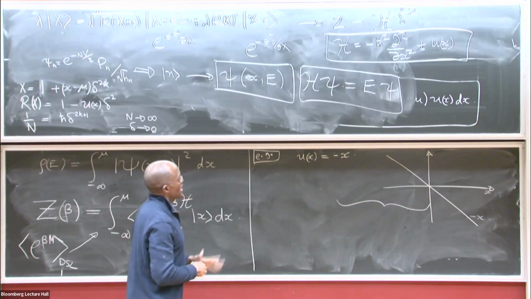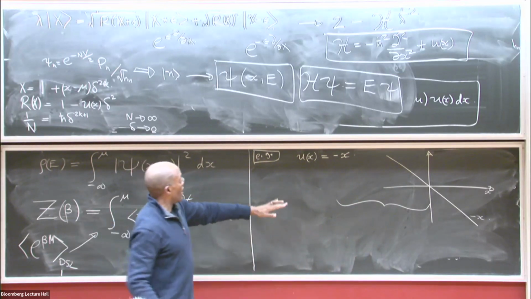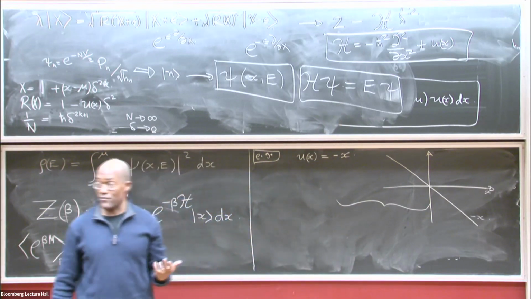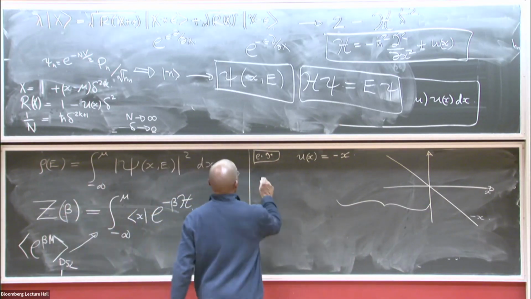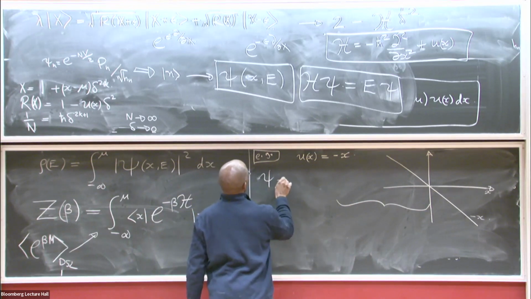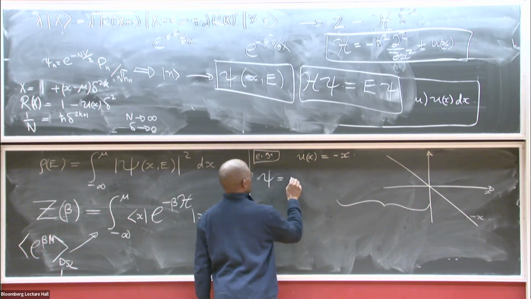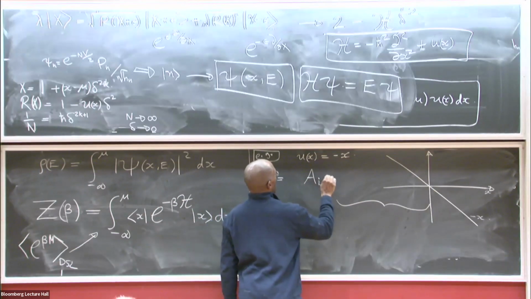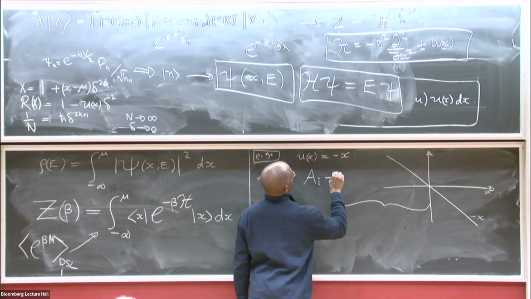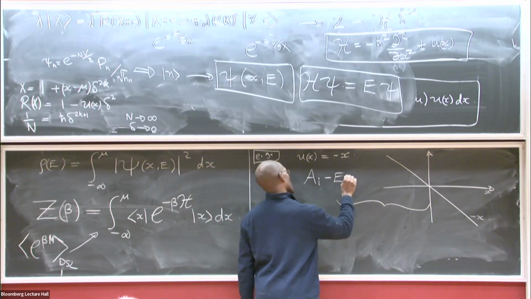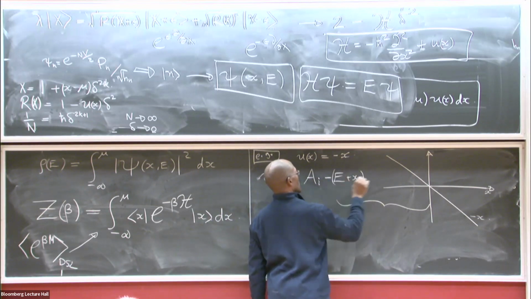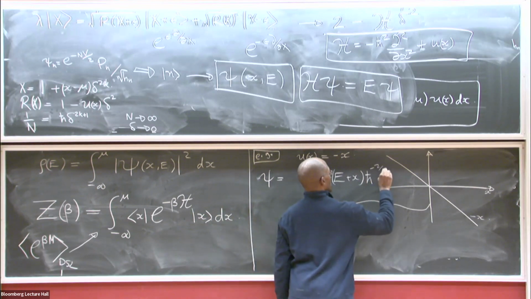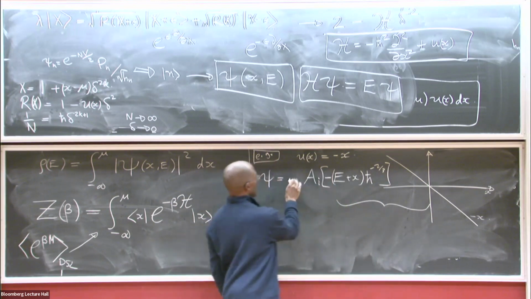And now I need to know what my wave functions are. Well, if I look at this problem, it's just the defining equation of the Airy function. And so the wave function psi ends up being some number times the Airy function of minus e plus x times h bar to the minus 2/3 is the answer, times a constant.